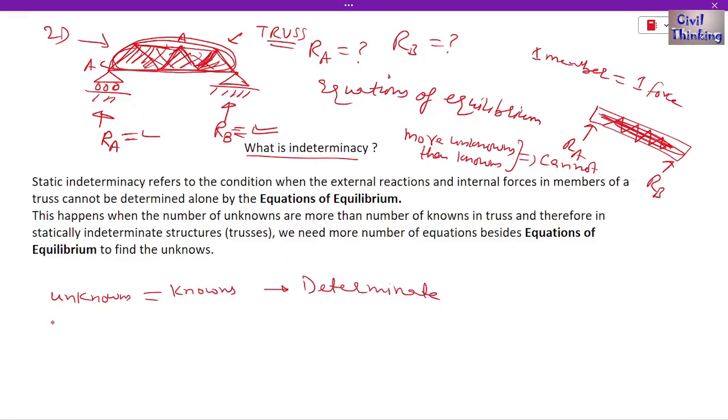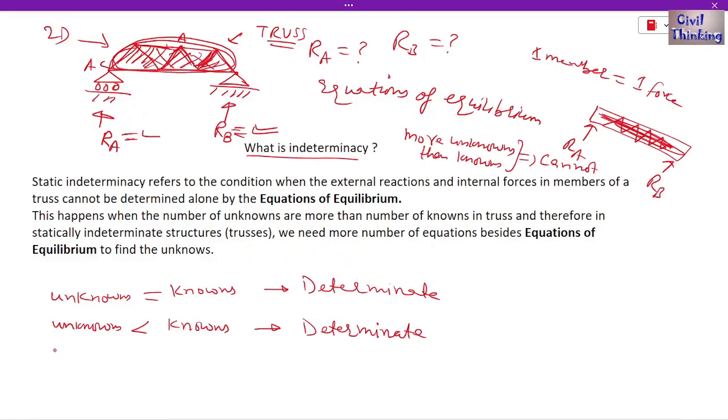When unknowns are less than knowns, can we find the unknowns with the help of knowns? Yes, because unknowns are fewer and equations are more, we can still find the unknowns. So the truss is determinate.